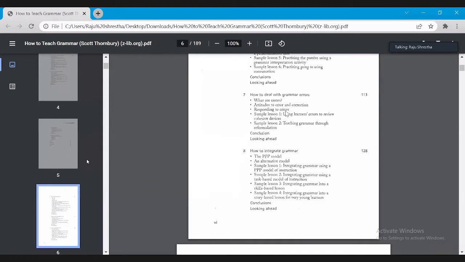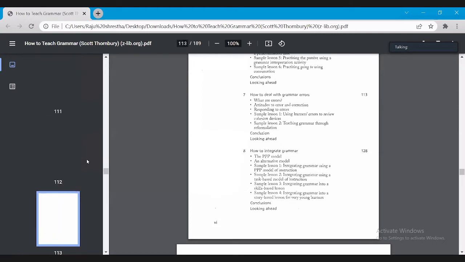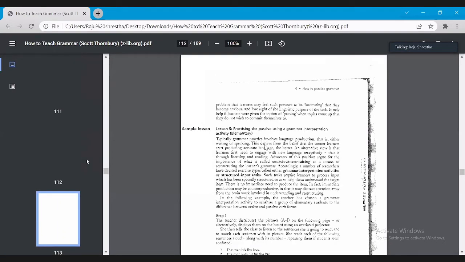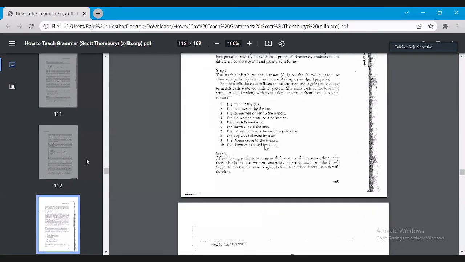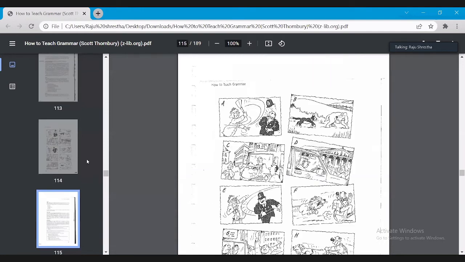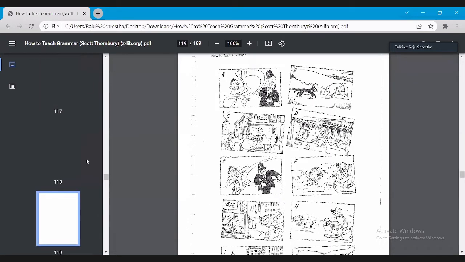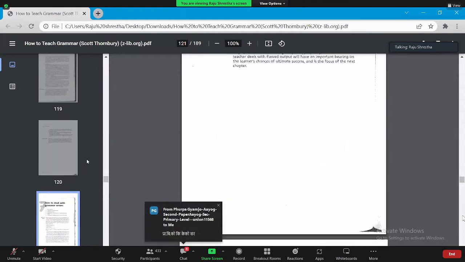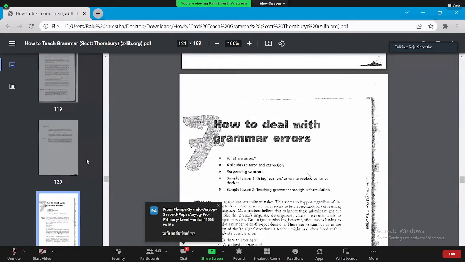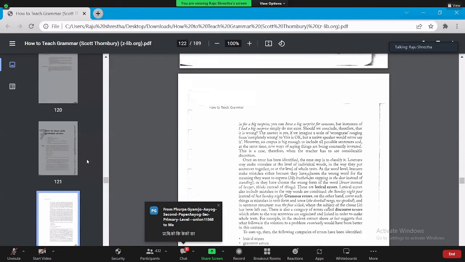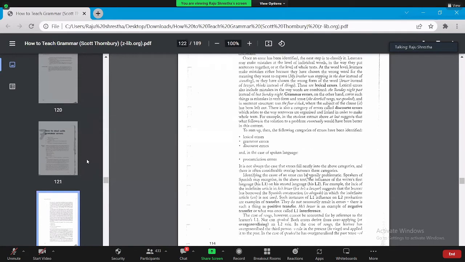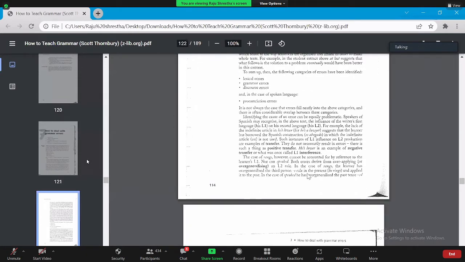If we go to page 113 and look, all these lesson plans for grammar teaching are given here, activities, you can read. I have borrowed many ideas from here. Not only grammar, this is overall in English language learning. We can use these techniques of error correction.